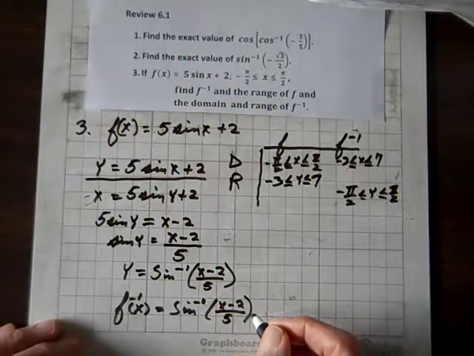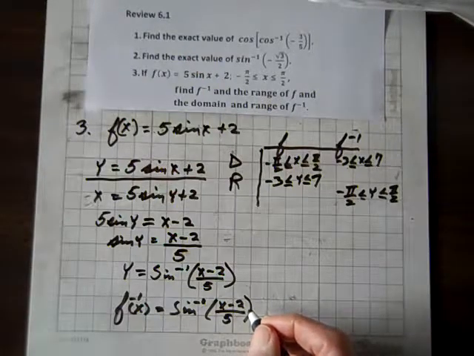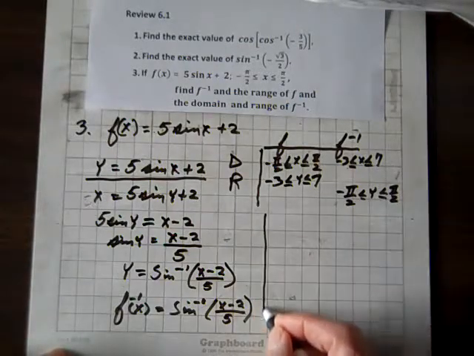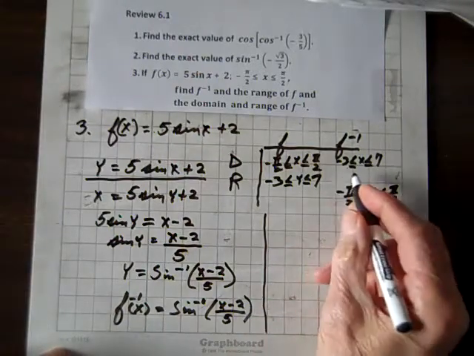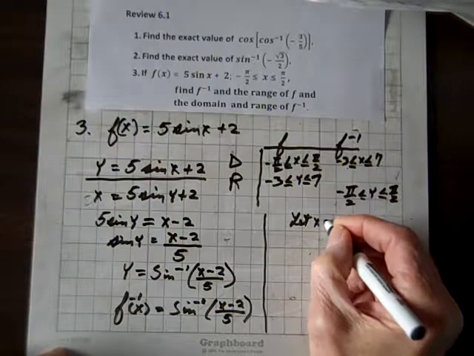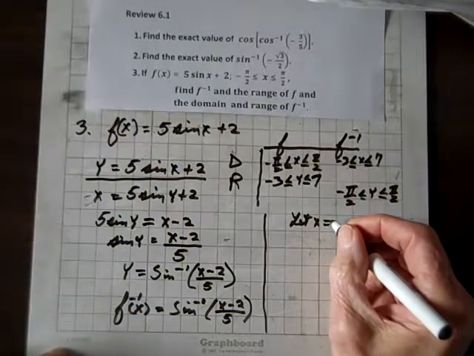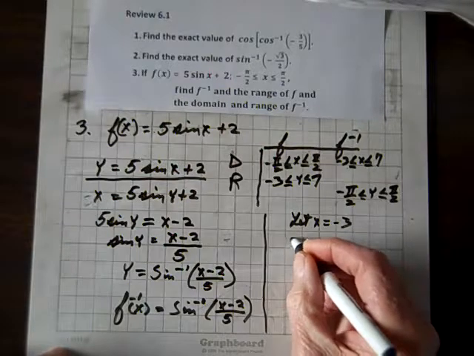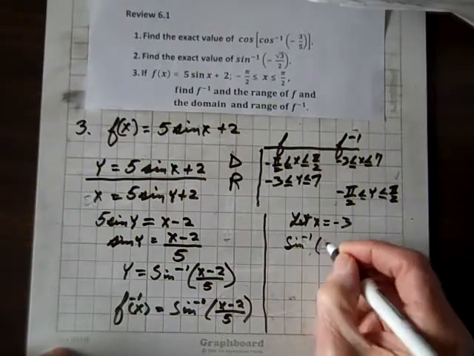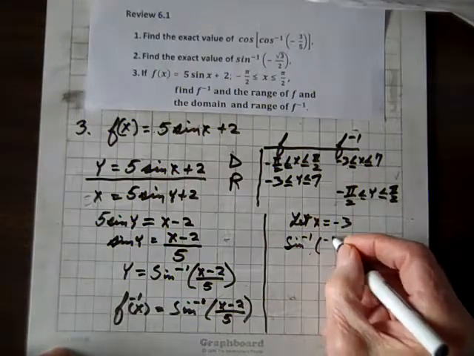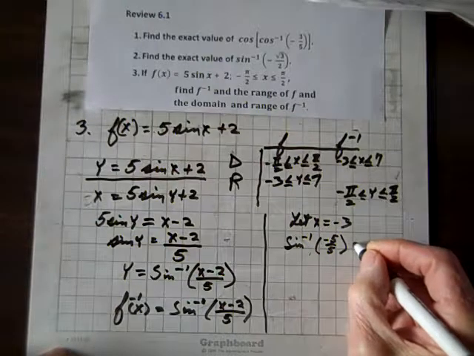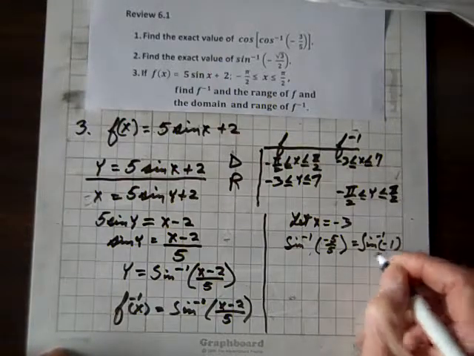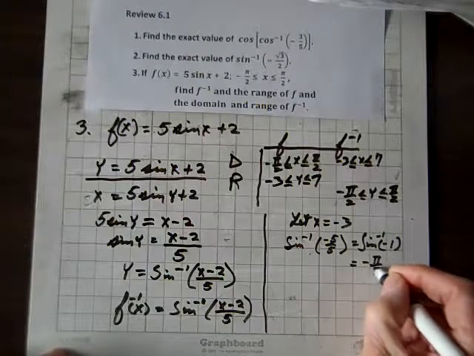And let's just check that out. We'll let x equal -3, and so what we'll have is the inverse sine of -3 minus 2 is -5 over 5, which equals the inverse sine of -1, which equals -pi over 2.